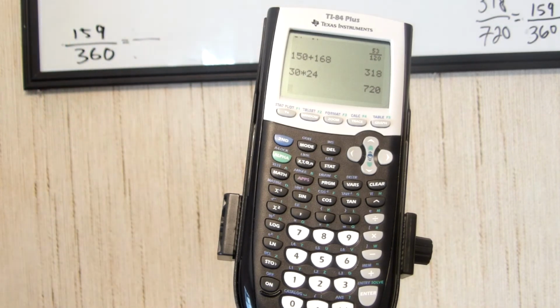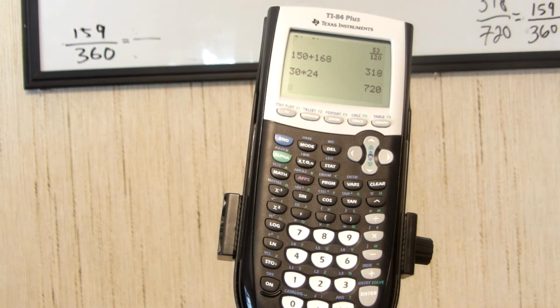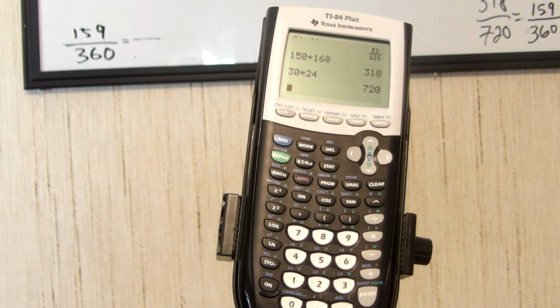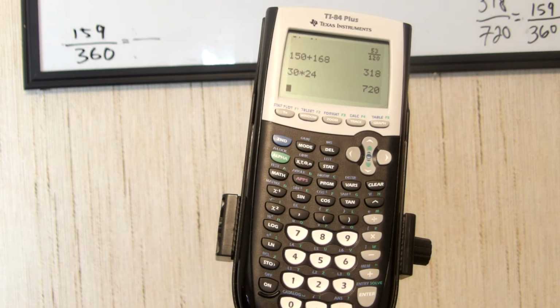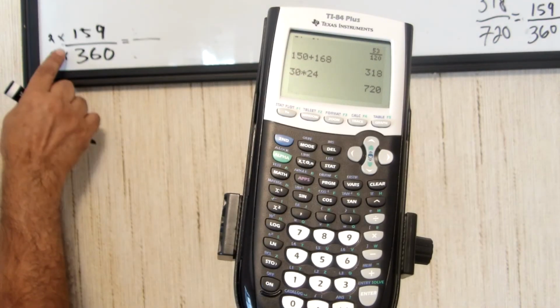Make sure that if you multiply a fraction by a number, you have to multiply both the numerator and the denominator by that number. If you multiply this one by 2, you have to multiply this one by 2 too.